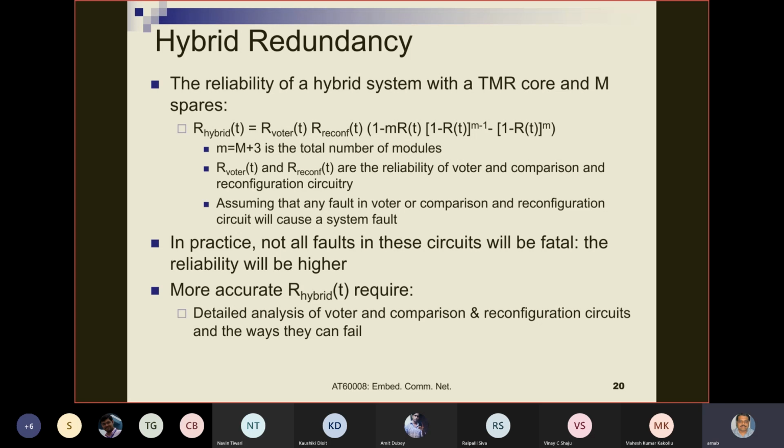Just look at this equation once and try to find out. Okay, in a triple modular redundant system, what are the cases in which the system will be able to correctly produce outputs? In a simple triple modular redundant system, what will be the fault cases in which the system will be able to produce correct outputs?